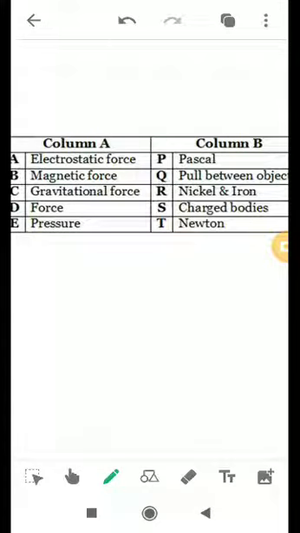Okay, now see the activity. You have to match column A with column B. Electrostatic force is obtained due to the charged bodies, that is S. S is the answer for this.